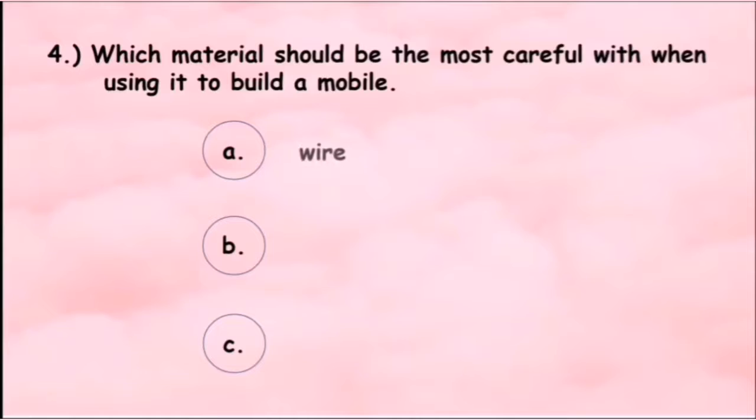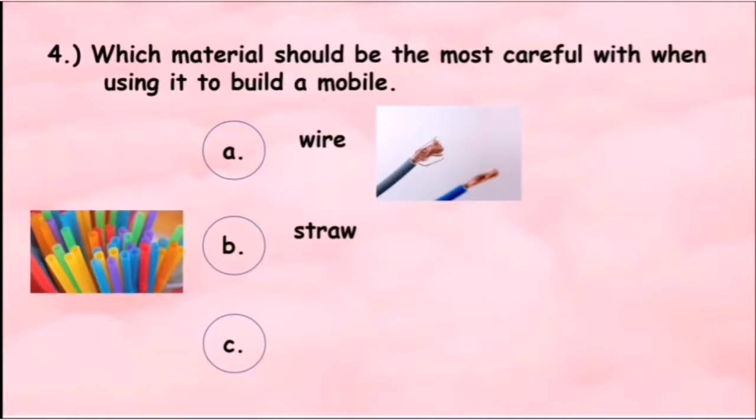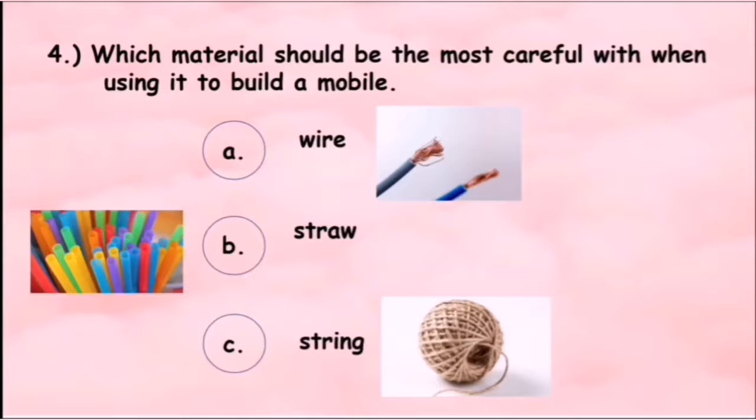So let's read letter A. Wire. B. Is it straw? Or C. Is it string? So which of the three pictures is dangerous? Please shade your answer.